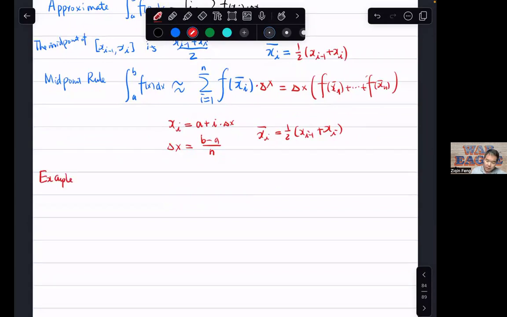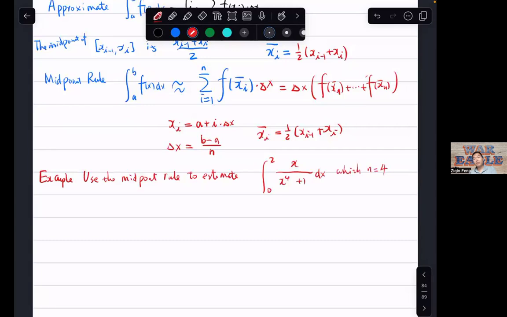We want to use the midpoint rule to estimate the integral from 0 to 2 of x over (x to the 4 plus 1) dx, with n equal to 4.